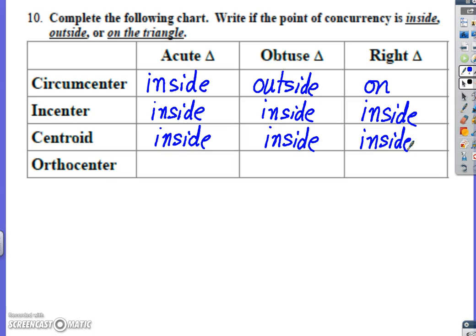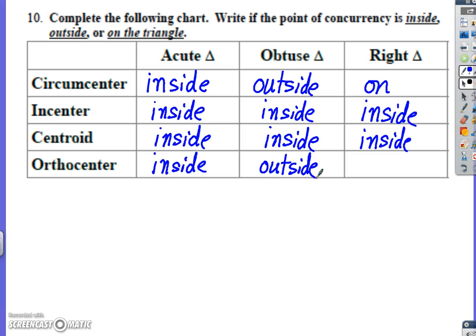Now, the orthocenter, this is the one drawn from our vertex, the altitude, perpendicular to the opposite side. For an acute triangle, the orthocenter is on the inside. They're all going to intersect inside. For an obtuse triangle, they're going to intersect outside.